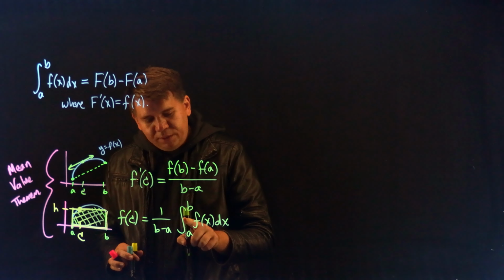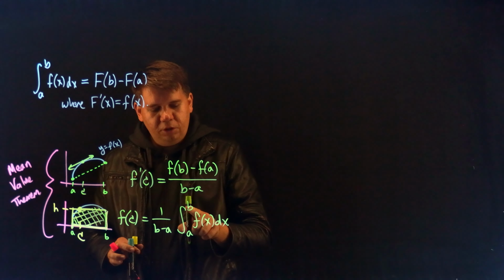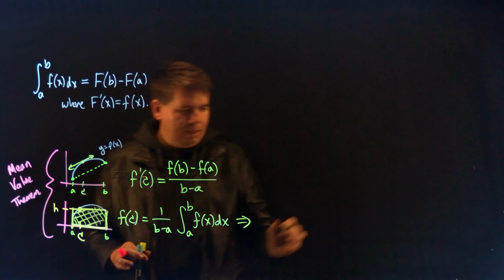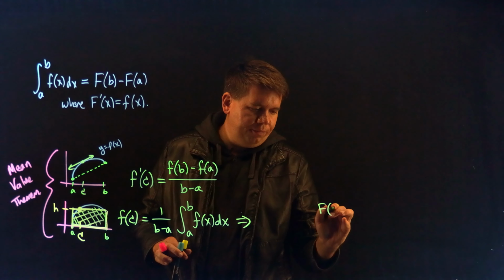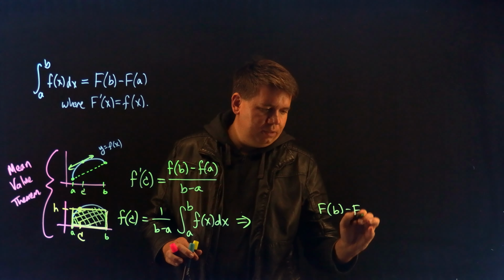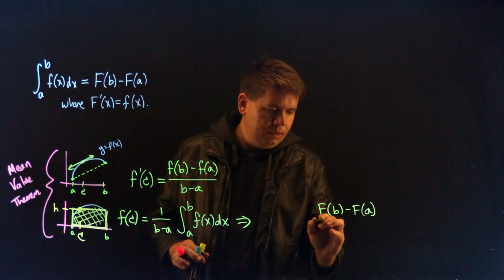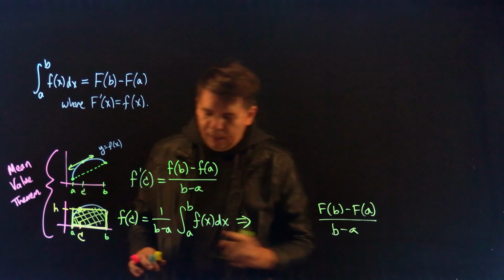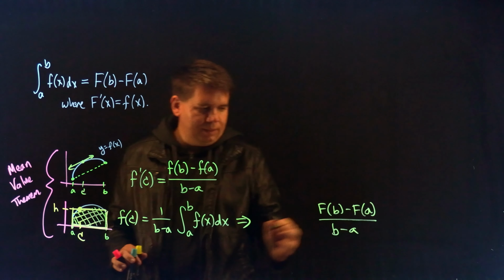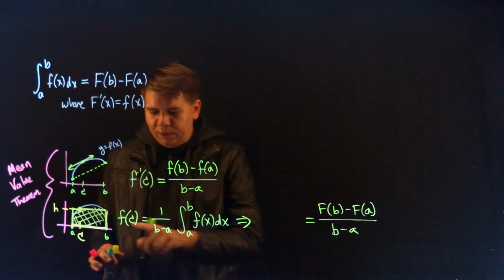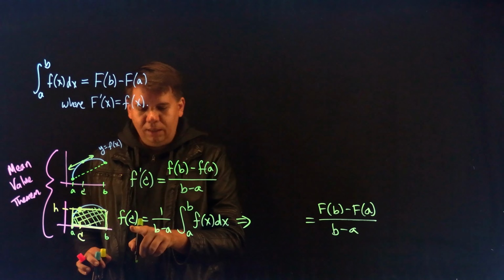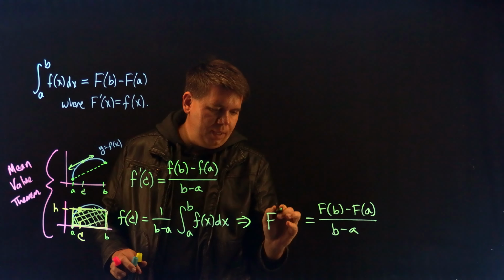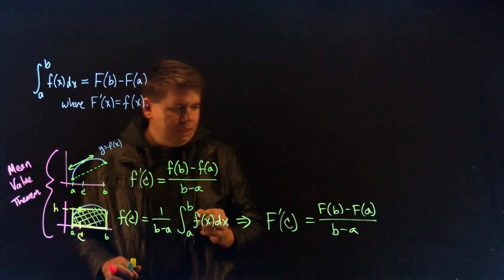The definite integral from a to b of f of x dx is the same thing as just big F of b minus big F of a, and then we're dividing that by b minus a. And what the second version of the mean value theorem is telling us is that somewhere there's little f of c. But little f is the derivative of big F, so that's just big F prime of c.